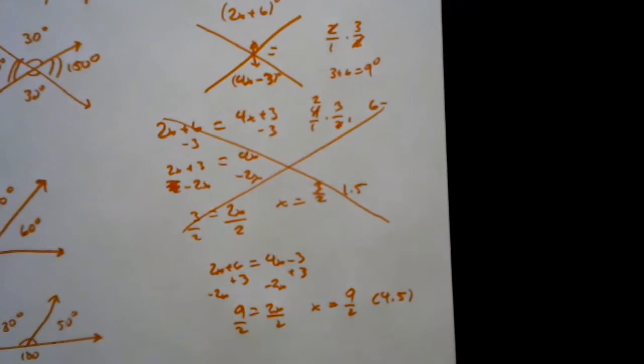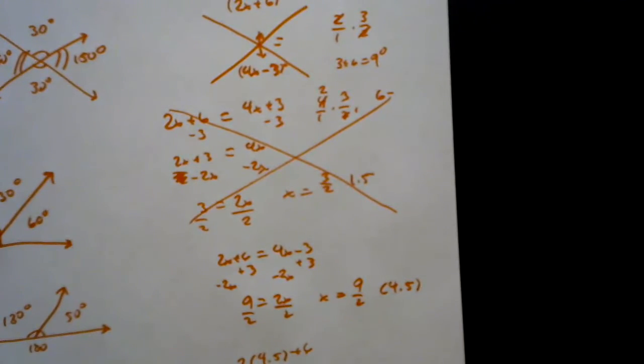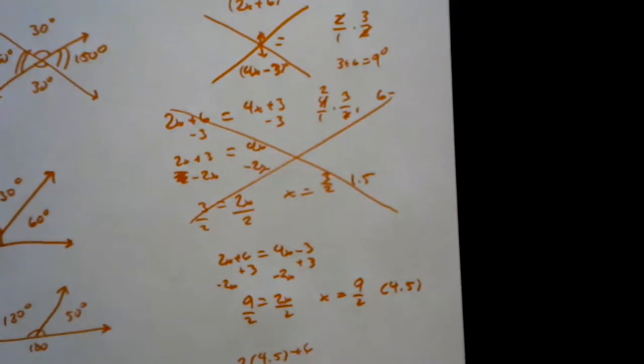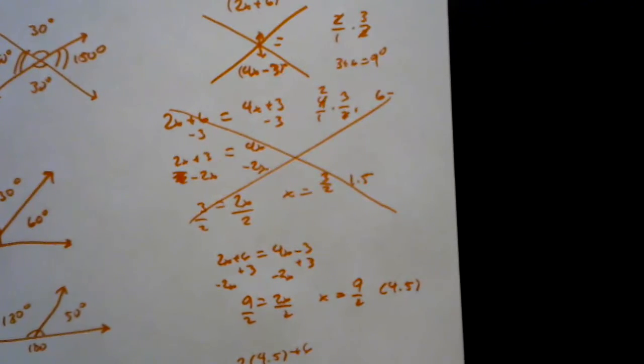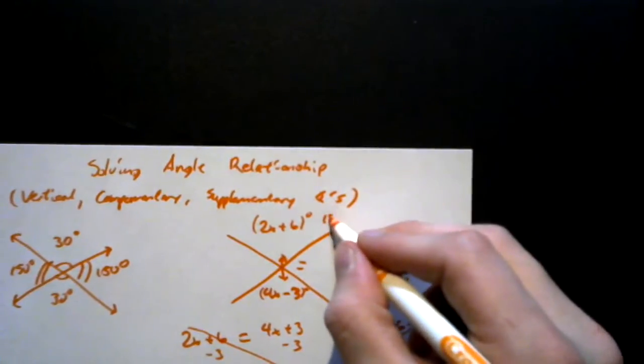Now we'll just plug it into 2 times 4.5 plus 6, so we already know that's 9 plus 6 equals 15. To verify, I'm going to do it with the 4 times the 9 over 2. That cancels, 2, 1, 18 minus 3 equals 15. There we go, that's better. So both of these will equal 15 degrees.